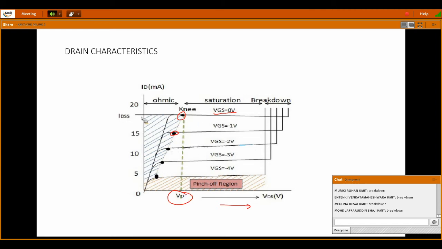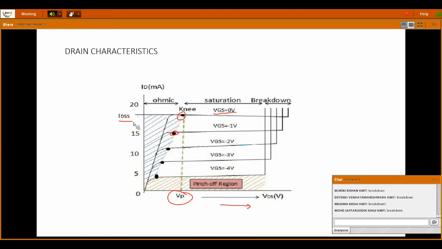So see this, when the drain current reaches the saturation point at pinch off, that current is called IDSS. How do you expand IDSS? Drain to source saturation current. Okay, so this drain to source saturation current is obtained at the pinch off point or pinch off voltage.